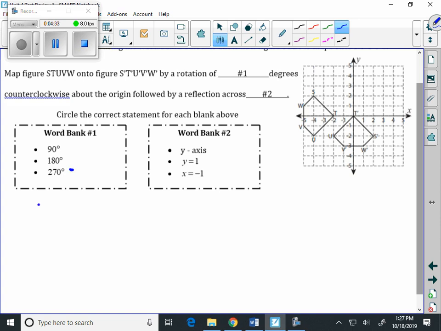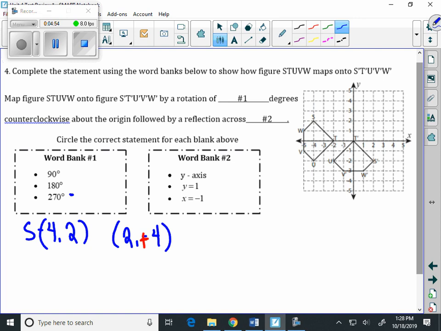It's 270. If it's 270, what that means is we have to flip and change the second sign. So that's going to become a +4. If I come over here to the figure, this is going to become 2, 4.